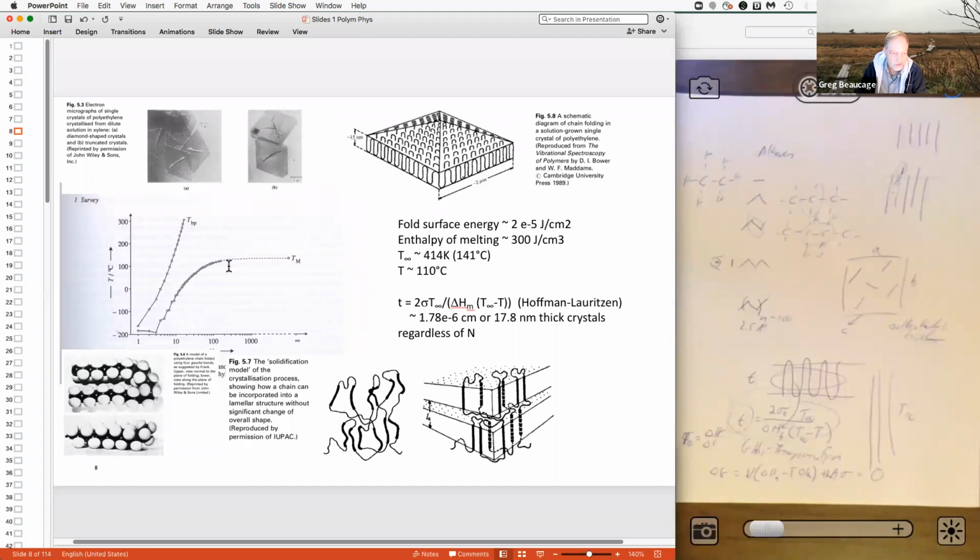So you get a plateau, and it happens where it's a polymer that can fold. If it can fold, it'll form this kind of crystal, and it'll have a range of melting temperatures related to the thickness of the crystal. This is pretty important because this bending of the chain allows chains to entangle with each other.